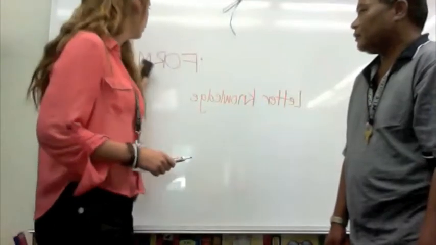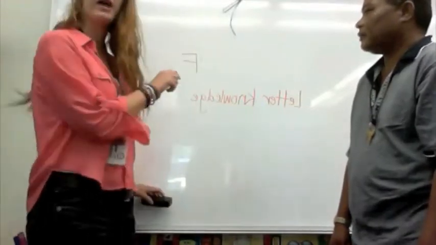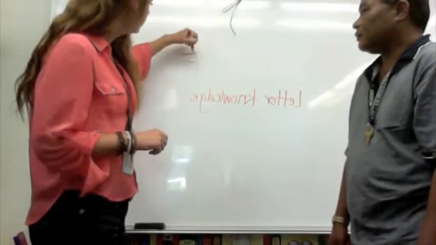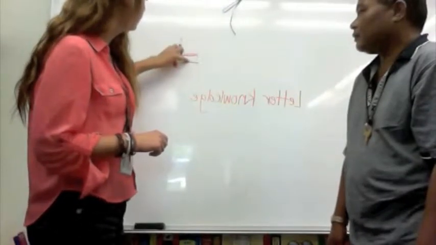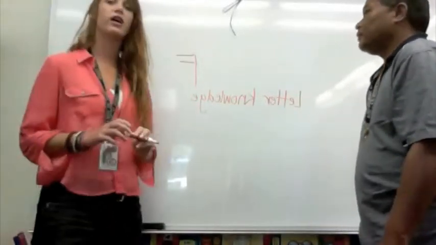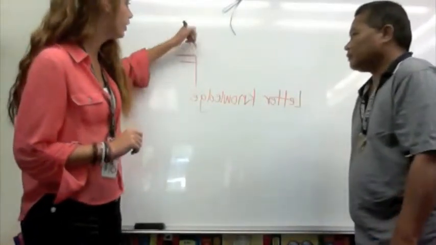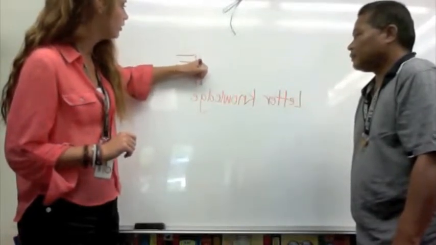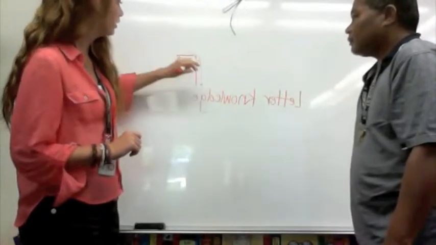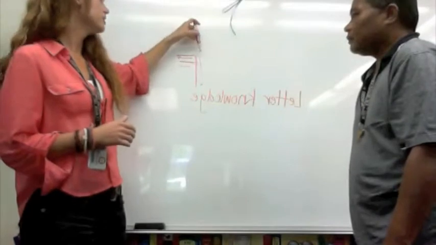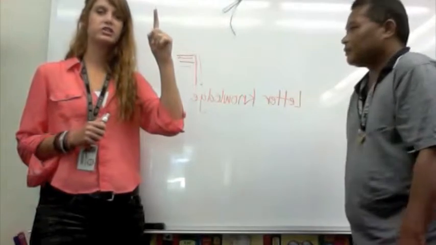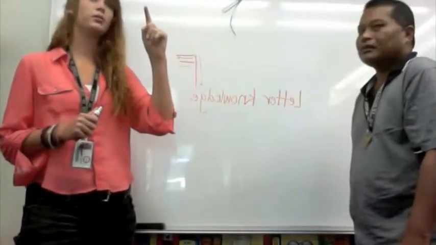So, for example, we can use the letter F. Then you'll have arrows indicating what direction the lines go. So you would tell the students down, across, across. Then you would have them use their finger to indicate the form of the letter.